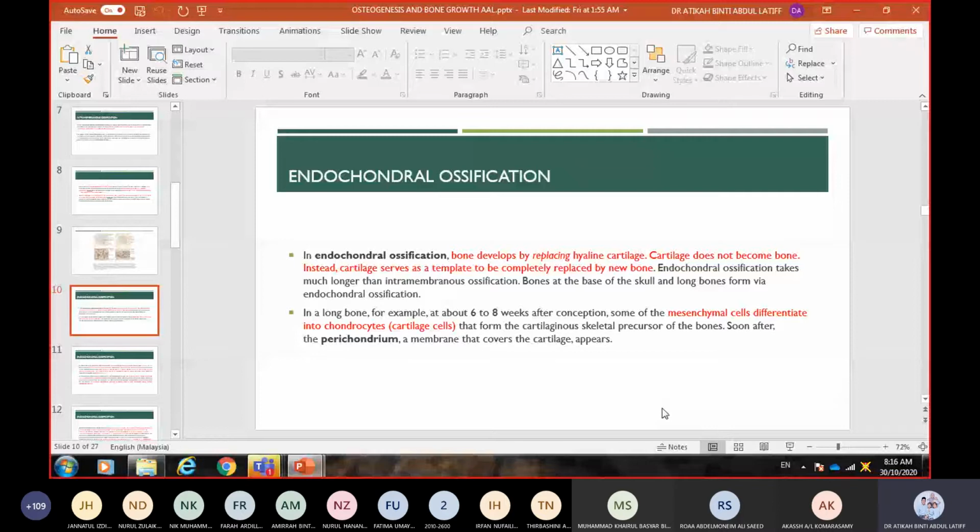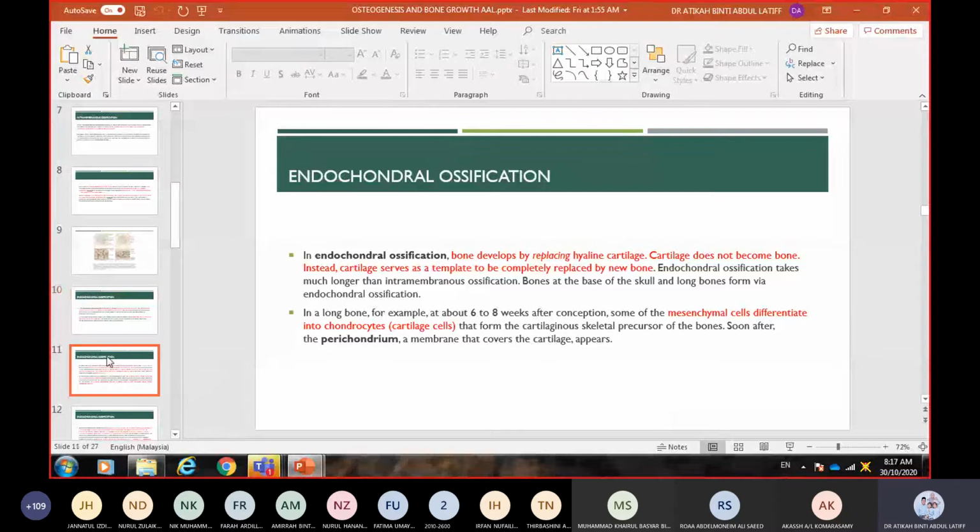Actually, all the other bones apart from the bones mentioned in intramembranous ossification are formed by endochondral ossification. In the long bone, for example, it takes about 6 to 8 weeks after conception, in the uterus, for endochondral ossification to occur.